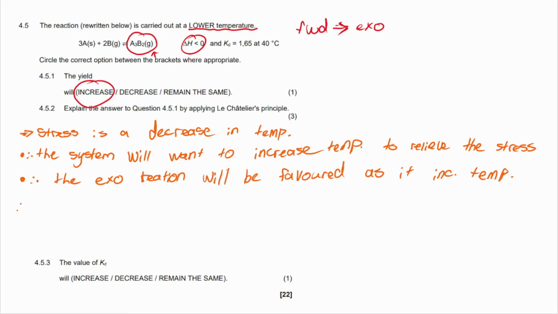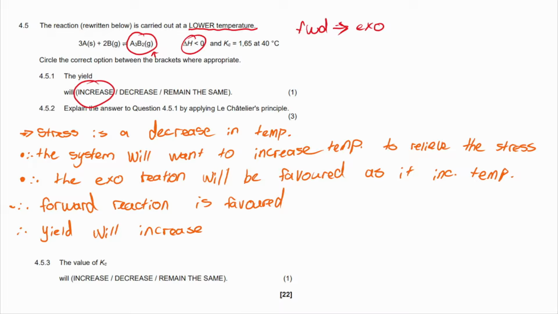Then we say, okay, well, what is that? Is that forward or reverse? And we say, therefore, the forward reaction, how did I spell that? Forward reaction is favored. Okay, now we just need a conclusion. Therefore, yield will increase.